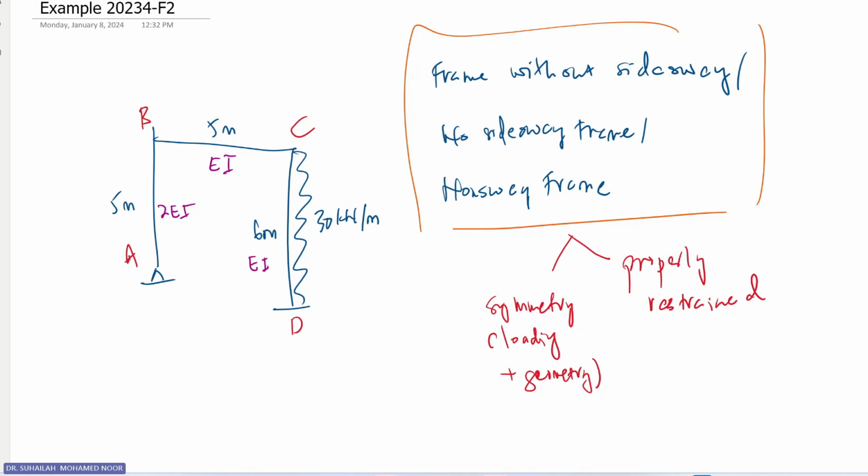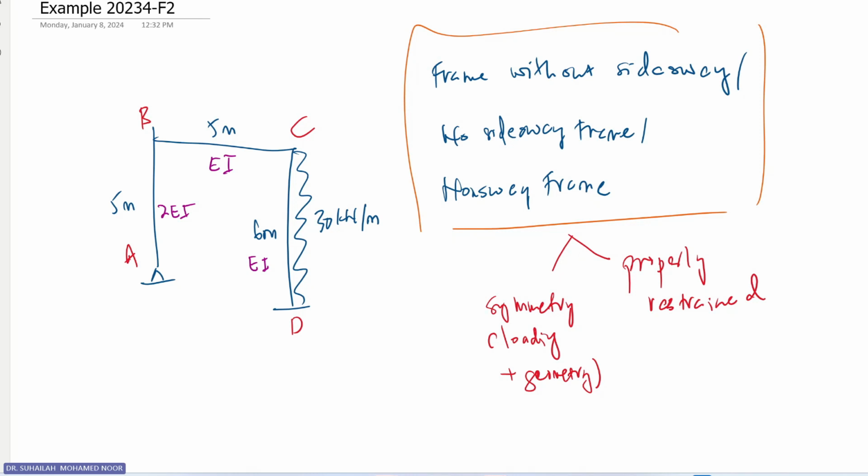For a side sway frame, we have to solve this by applying the principle of superposition. Why do we need to apply the principle of superposition? Because in this frame, the FEM will be two.